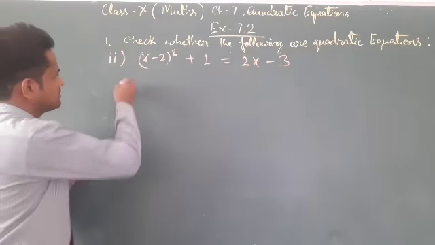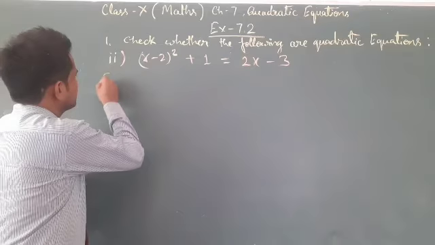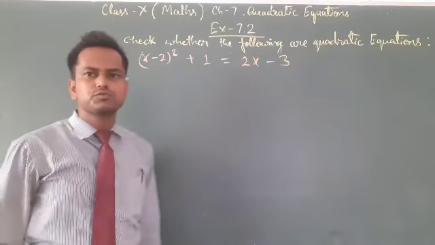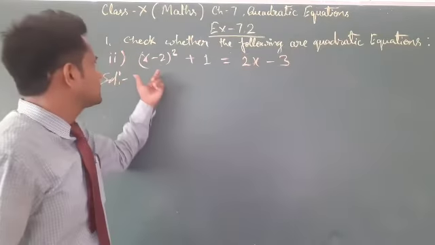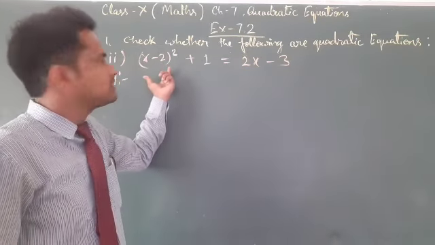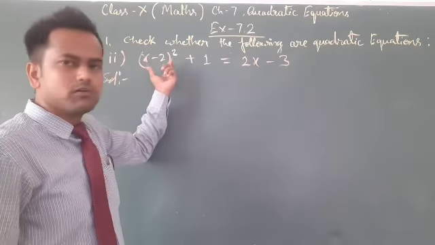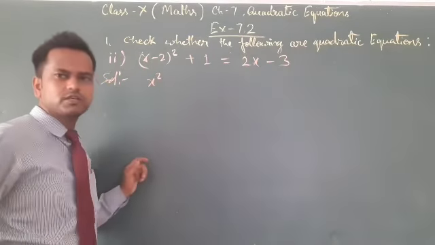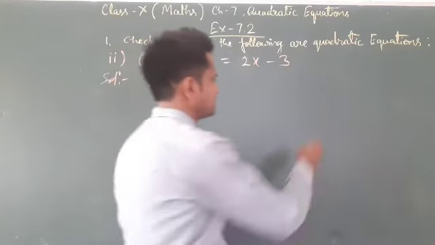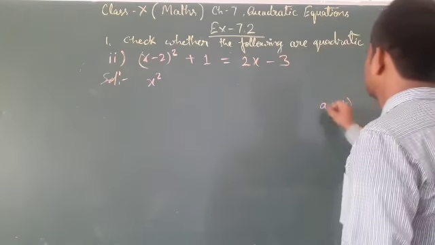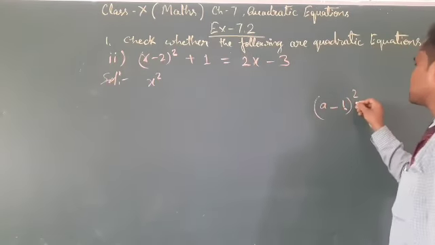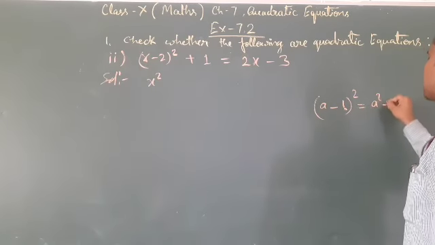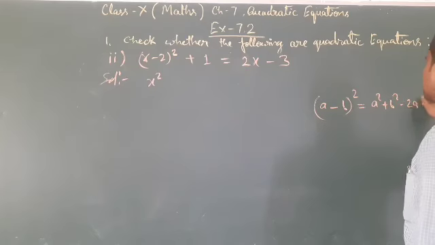Now simplify this equation. (x - 2)², that is (a - b)², the expansion of (a - b)² is a² + b² - 2ab.